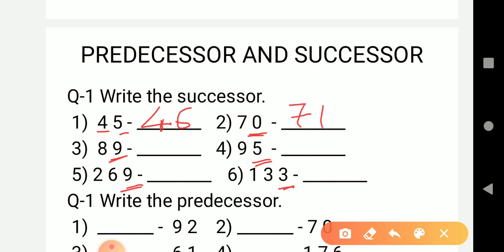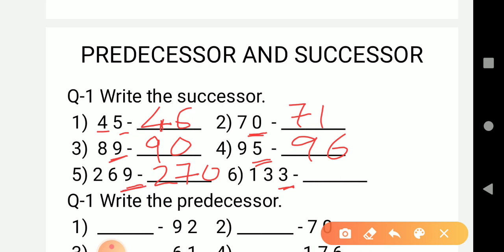89, so 89 after is 90. Okay. 95, so it is 96. 269, so it is 270.